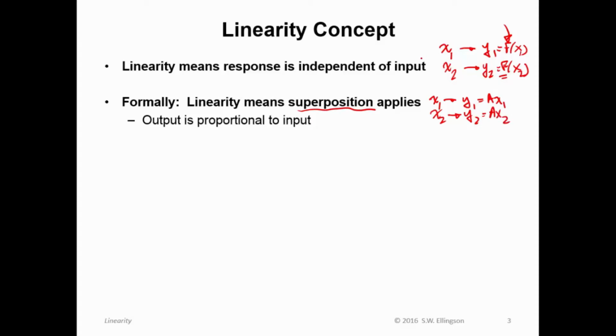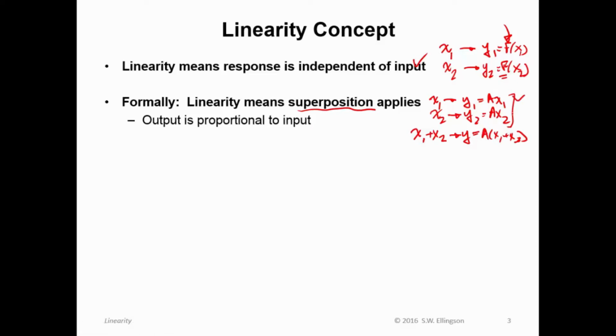So here we're just applying this previous concept, the independence of input. But now having this, we come up with another result. This is the superposition result, in which if we apply the sum of these two signals, then we can compute the new output as simply A times (x1 plus x2). And that's what we mean by superposition.